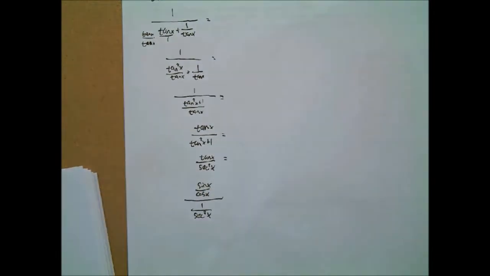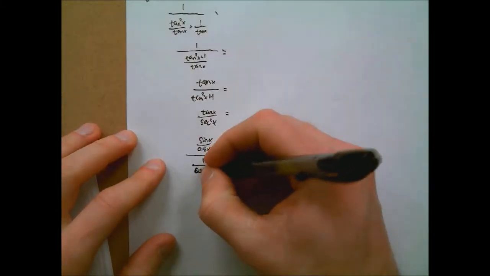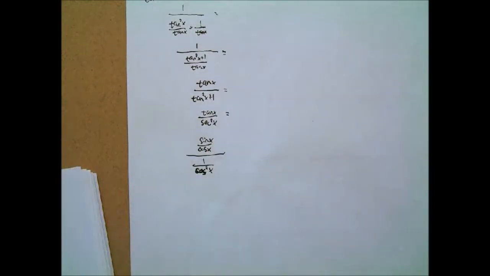Another compound fraction, right? But again, instead of dividing by a fraction, we can multiply by its reciprocal. Whoops, I put secant squared, it should be cosine squared there. My bad. Sorry, 1 over cosine squared. So instead of dividing by 1 over cosine squared, we will multiply by cosine squared.